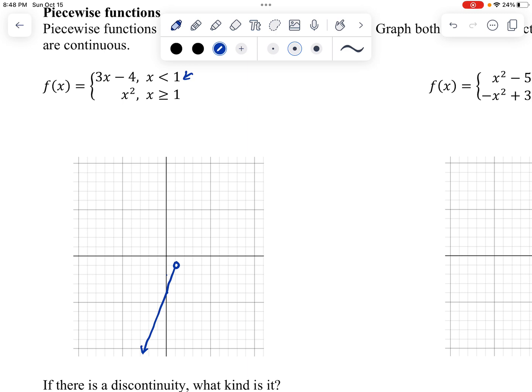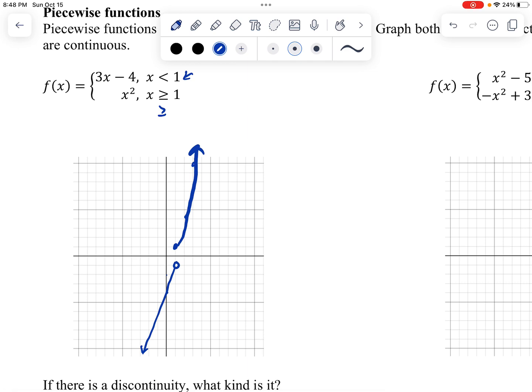And then for the value of 1 and greater, I want to graph the function x squared. So 1 squared is 1, 2 squared is 4, 3 squared is 9. And this one is greater than or equal to, so I use a solid dot here.